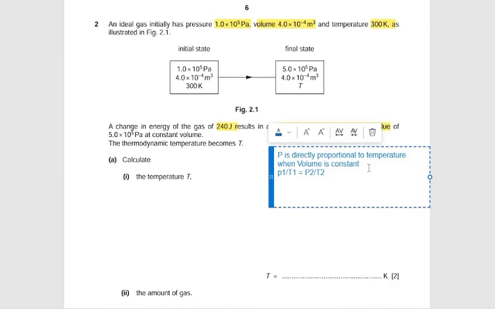And I can also say that pressure is inversely proportional to volume when temperature is constant.